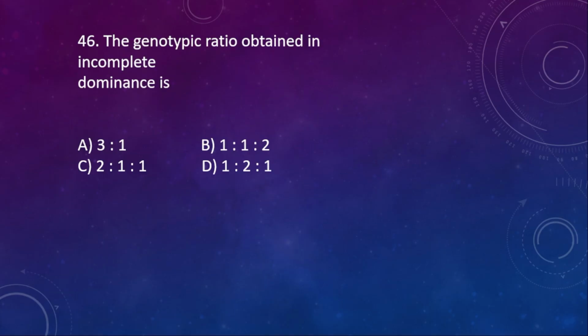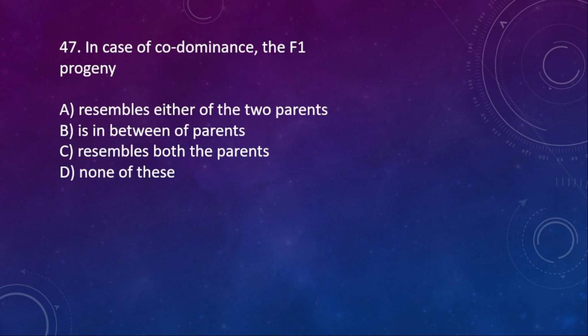46th question. The genotypic ratio obtained in incomplete dominance is, the genotypic ratio he is asking. A, 3:1, B, 1:1:2, C, 2:1:1, and then D, 1:2:1. Here the right option is option D. 47.